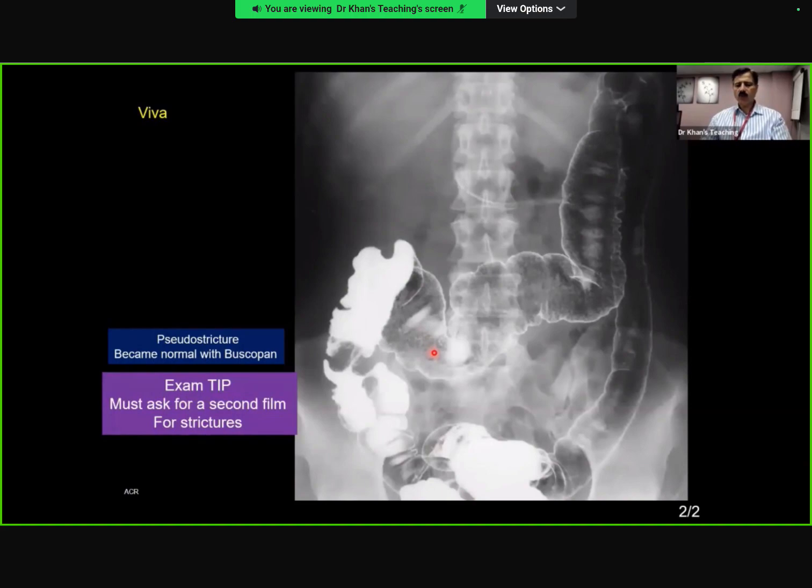I'm going to show you many films of ulcerative colitis and also Crohn's disease. Now, if you go back to your pathology, please remember the difference between the two. Ulcerative colitis is a disease which just involves the large bowel. On the other hand, Crohn's disease can involve anything in the GIT.